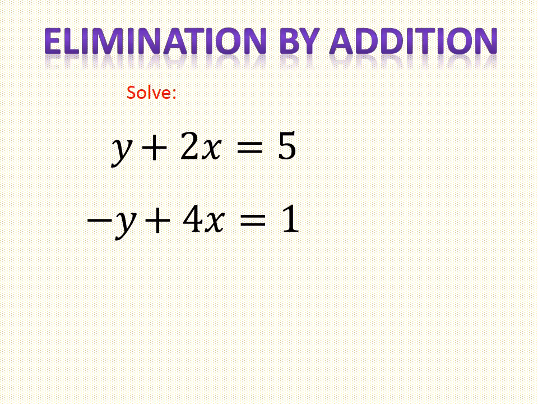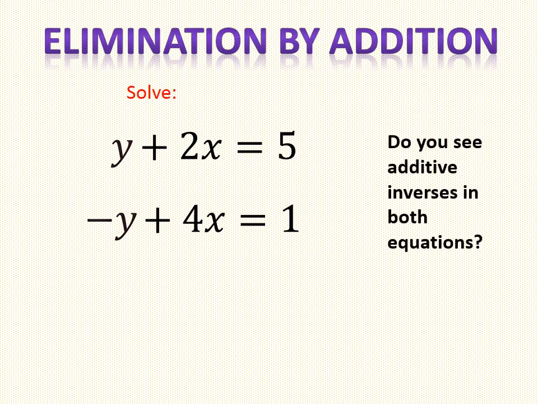And the first step in solving a system by elimination is to ask yourself a very important question. Do we have additive inverses in both equations? Additive inverses means two of the same terms, one has a positive sign and the other one has a negative sign.